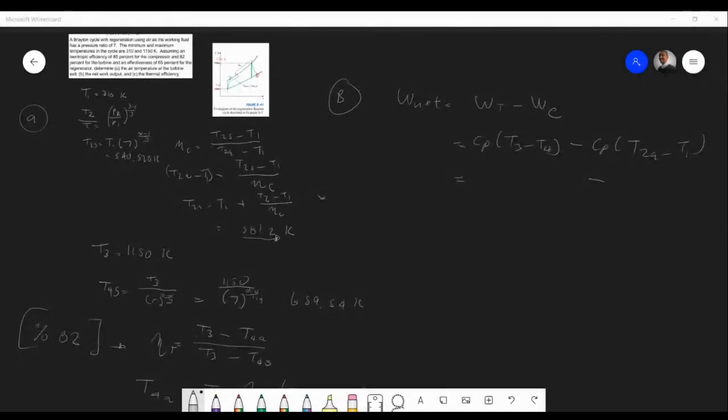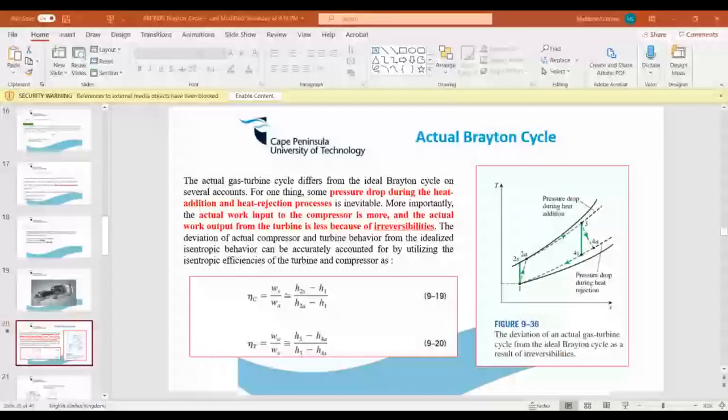This is what I actually wanted to say to you guys. In a typical question, I can just go to table A2, and I can tell Mr. Doyle, we have a prototype gas turbine engine.